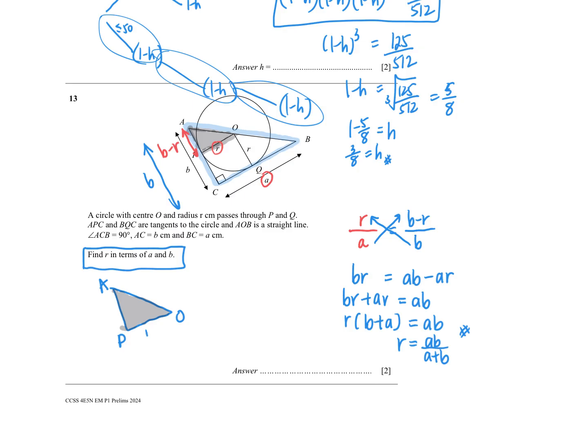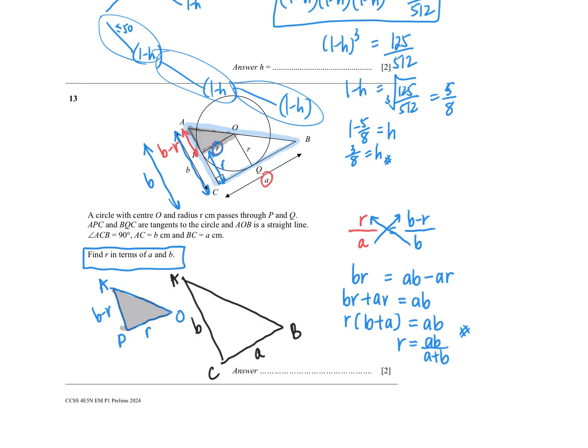This one is R. I just copy only. And then this one is B minus R. The big length B minus this R here. So that's why this is B minus R. Then the big blue triangle, the big one, ACB. The base here is A, and then the full length here is B.